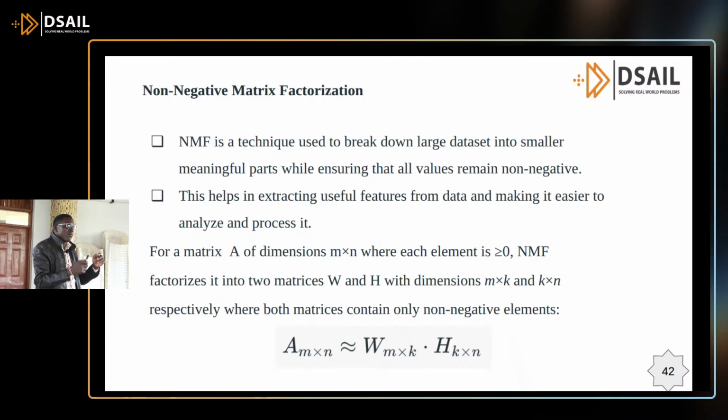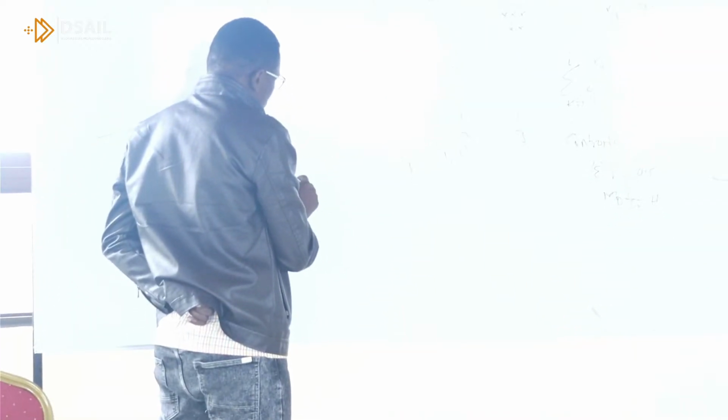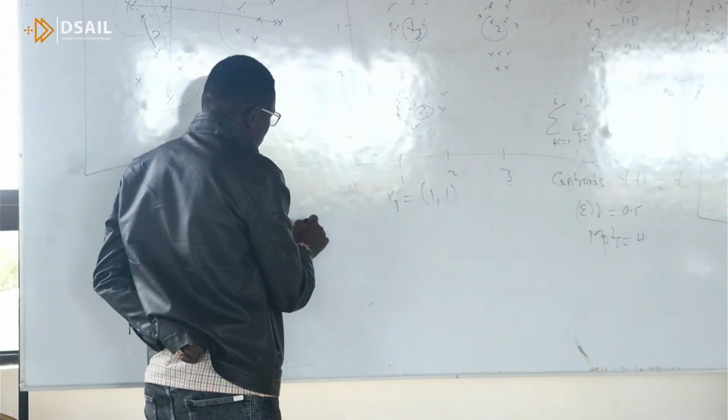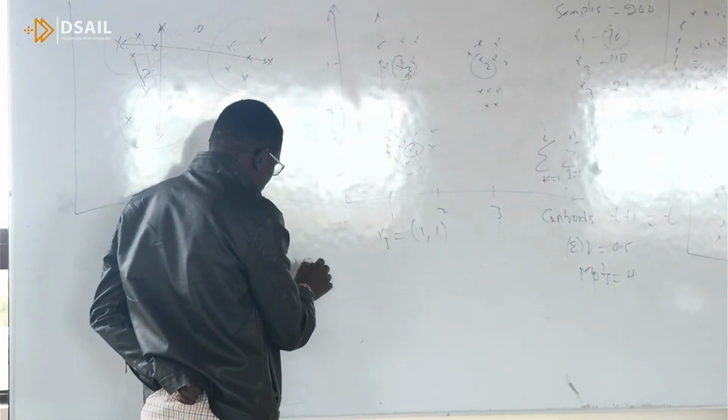Let's say you had your matrix A of dimension 2000 by 5000.